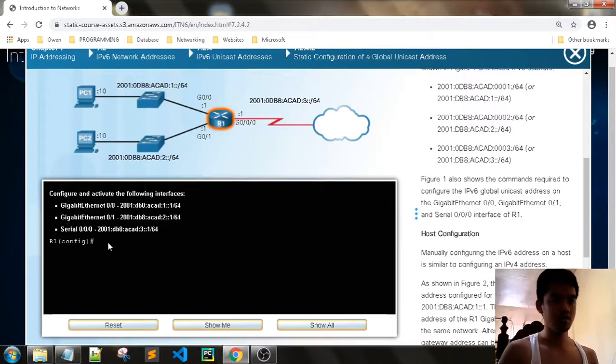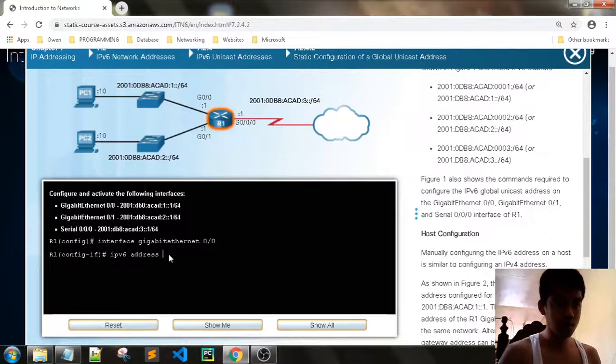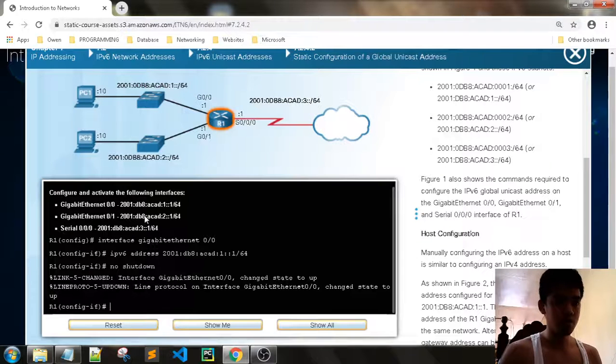Just need to copy this. Interface GigabitEthernet 0/0, IPv6 address, and now shutdown. Then interface GigabitEthernet 0/1.